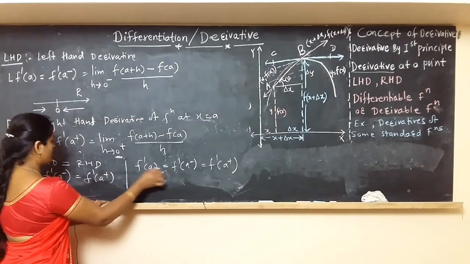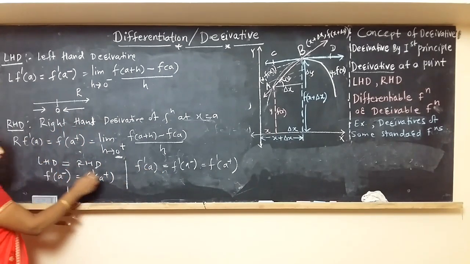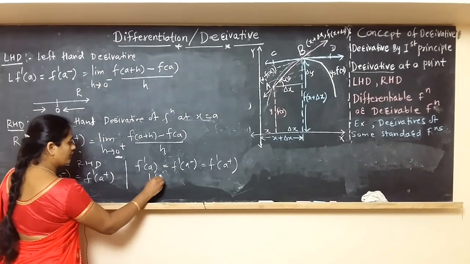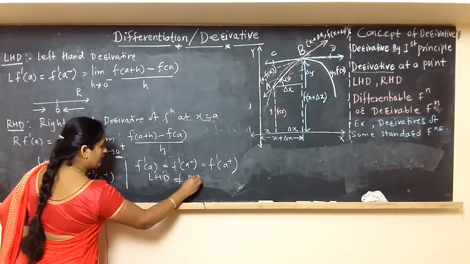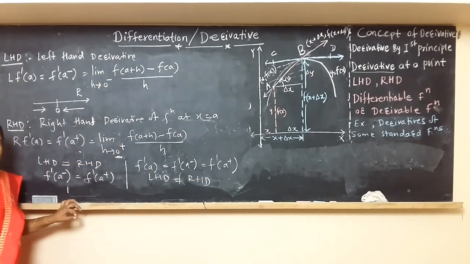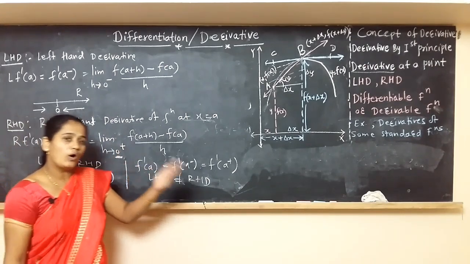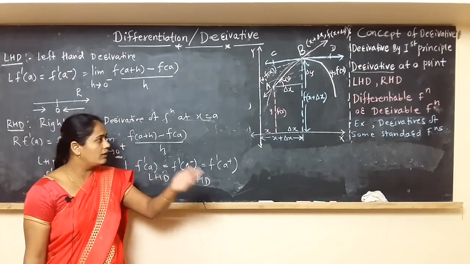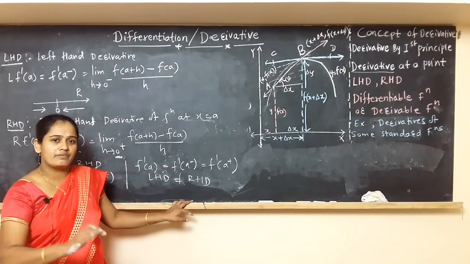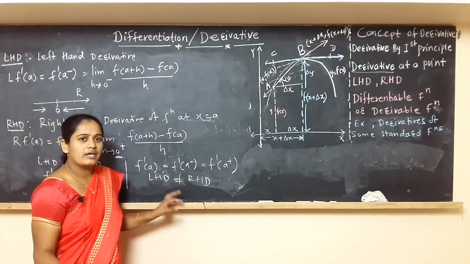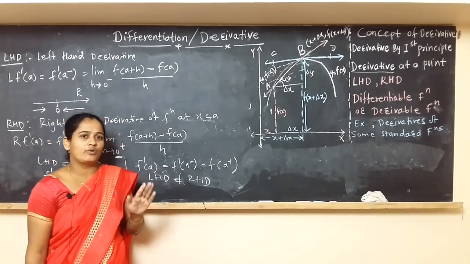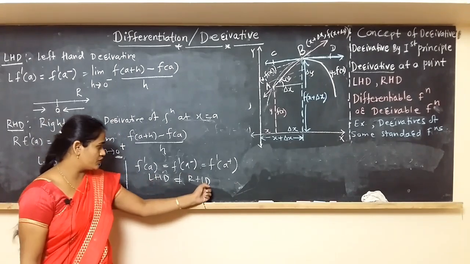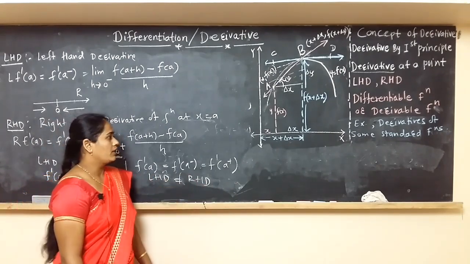If this condition is not satisfied, that means if left hand derivative and right hand derivative are not equal, we say that the function is not derivable or not differentiable. That means the derivative of the function does not exist here. We cannot find the derivative of that function if this situation happens. Okay.